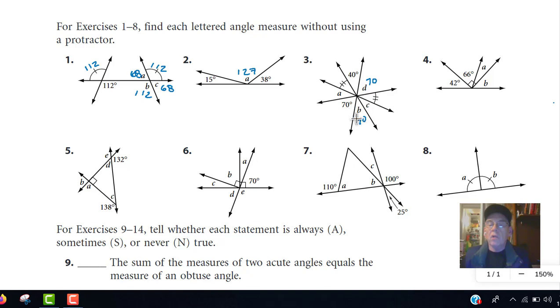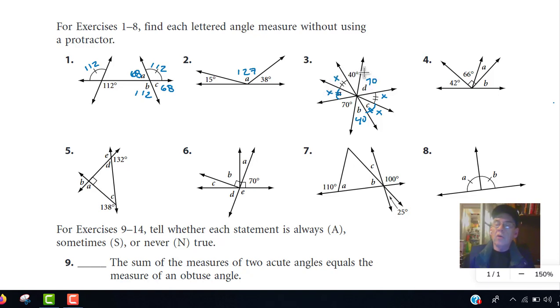See what else we got. This is really the same thing as angle, whatever this angle is by vertical angles is this angle here. And by vertical angles, this is the same as this angle here. So if we look here at, let's call these angles, we don't know X. So what I'm thinking of is these angles here have to add up to 180.